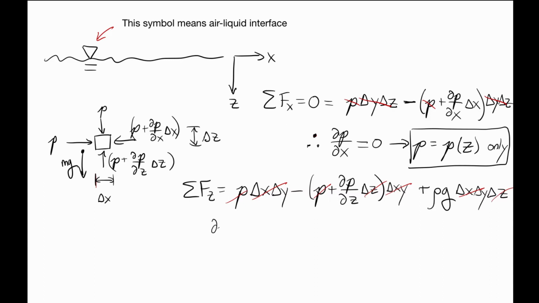And what I'm left with is a statement that the pressure gradient, or dp/dz, must be equal to rho times g, or a constant. So if I integrate that, I'll get p equals rho g z plus an integration constant that I'm going to call p0.